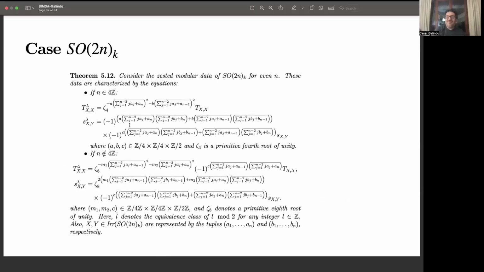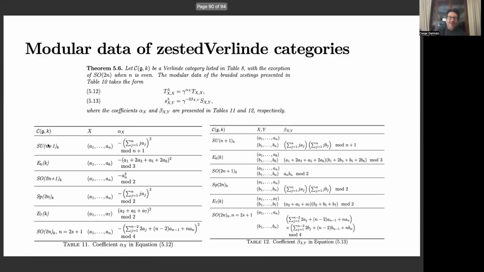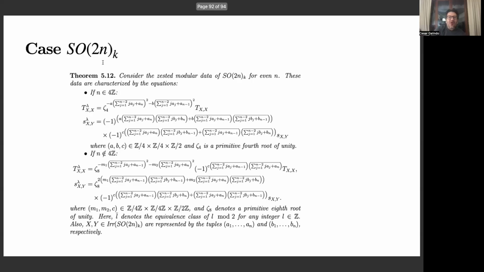And again, it's kind of technical, but here I present only the cases for cyclic groups. And the case of SO2N is the most technical. It took a lot of time to get the formulas. It's particular because many obstructions were nontrivial.